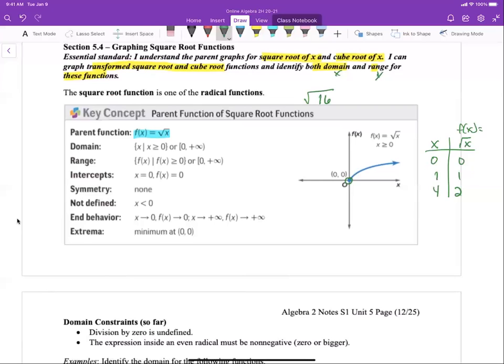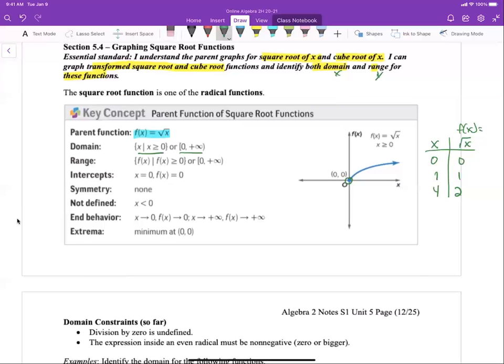And if it was negative 16, there are no two identical numbers that multiply to get negative 16. So there is a domain restriction. If I have an even radical, my x values have to be greater than or equal to 0. In set notation, I go from 0 to positive infinity.